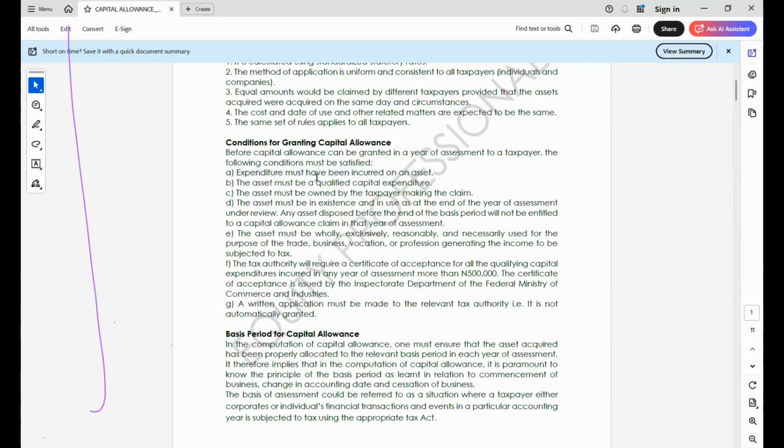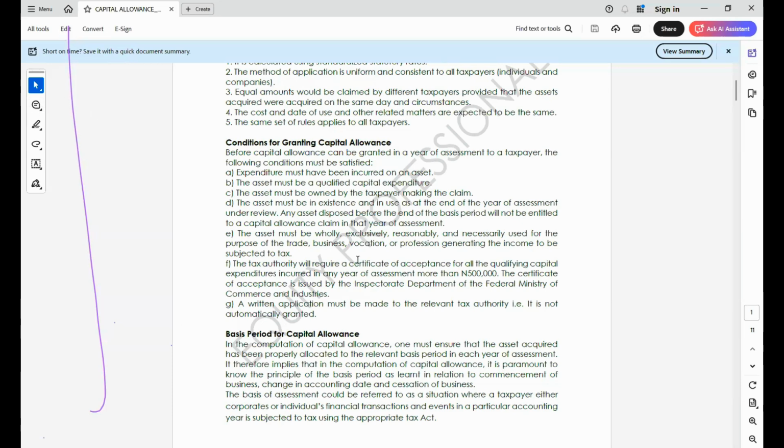Then we have: the asset must be a qualifying capital expenditure. For the purpose of capital allowance, we are going to be making use of that word, qualifying capital expenditure, which is usually shortened as QCE.